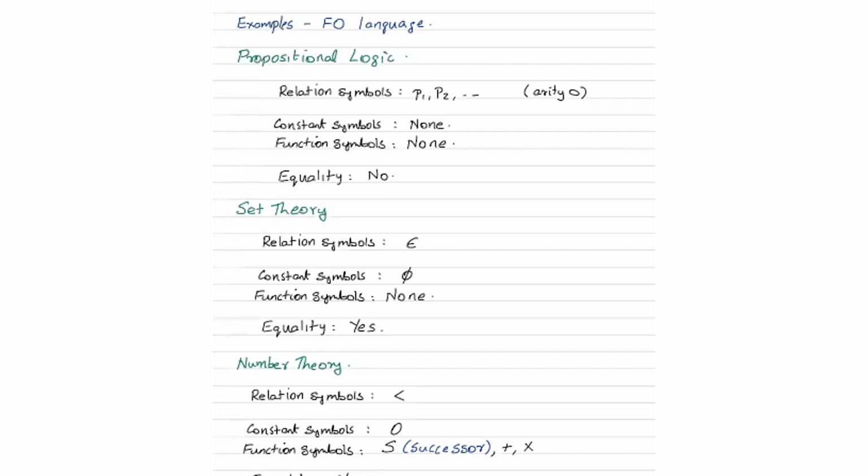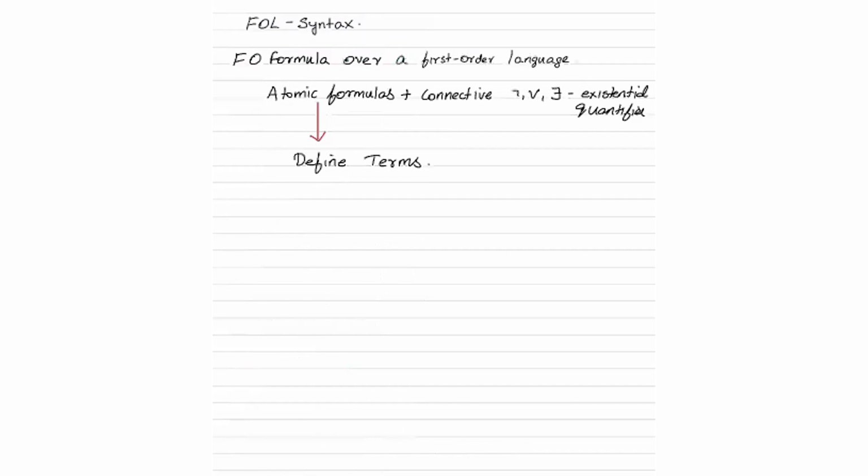Okay, so let me quickly define the syntax. The syntax is also slightly more convoluted than in the case of propositional logic. You want to define the syntax for the formulas, and these are defined over a first order language.